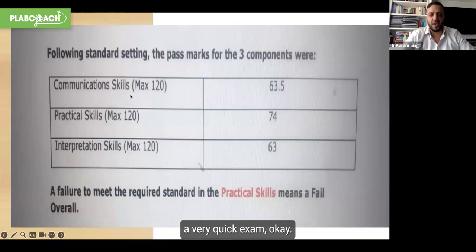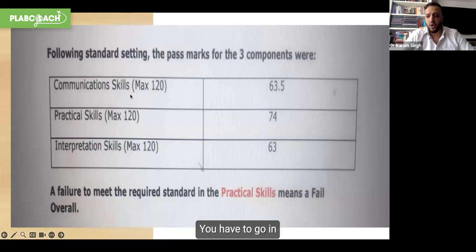It's a very quick exam. If you approach the exam with any degree of negativity, anxiety, yes, everyone's anxious before an exam, but if you approach it with a sense of negativity, for example, you've done the exam in the past and you think, oh God, I have to do this all over again and there's a chance I might fail again, if you go in with that negativity, more than likely you're going to come out with a negative result.